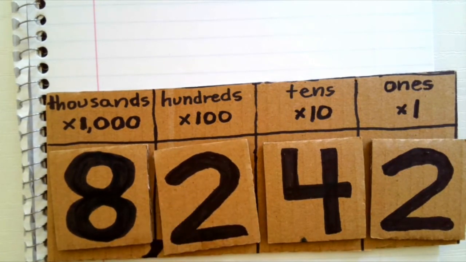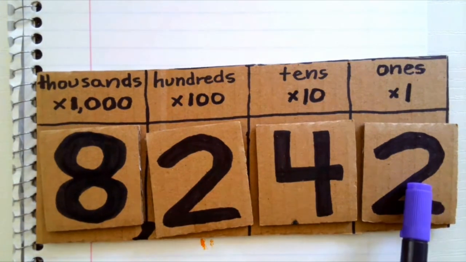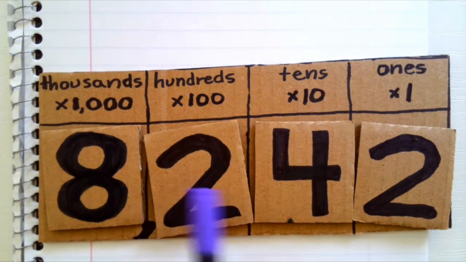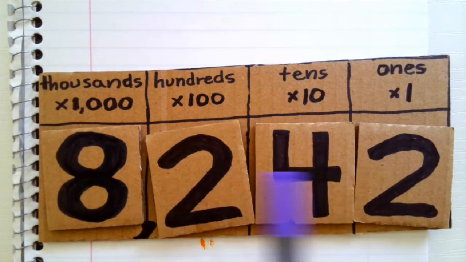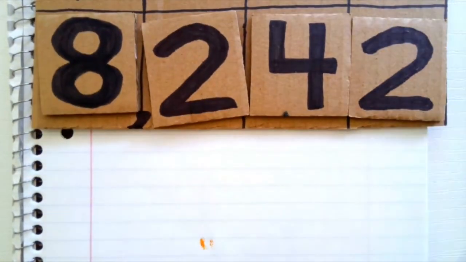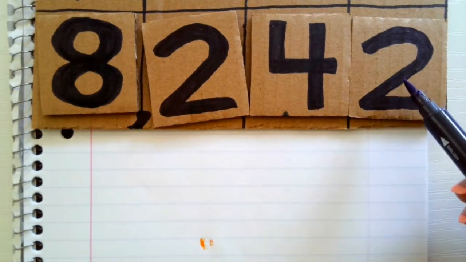But as we learned before, the value of these digits is not the same. What is the value of this 2 and what is the value of this 2? And how can we talk about what's different about them? We know they are the same digit. What is the value of this first 2?